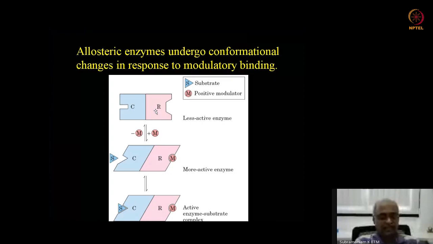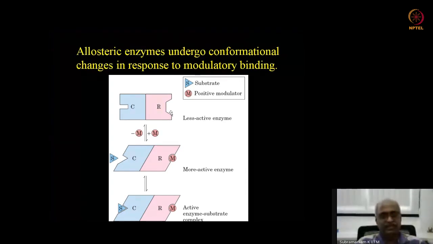Something like hemoglobin, we call a homotropic allosteric enzyme, because one subunit's active site acts as the regulatory site for another subunit's active site. In a heterotropic allosteric enzyme, one subunit acts as a regulatory subunit.